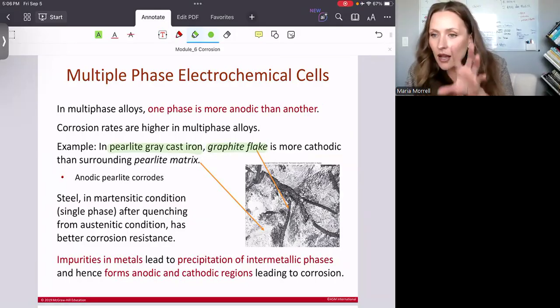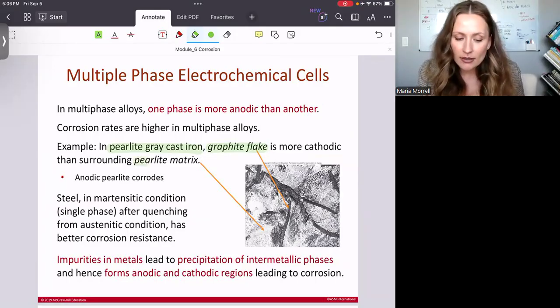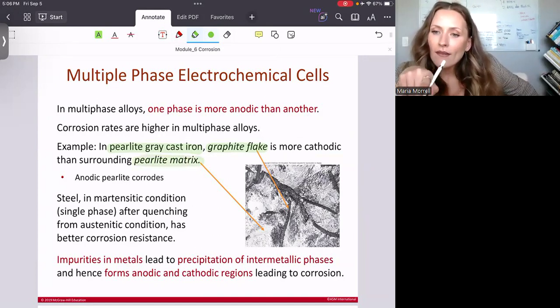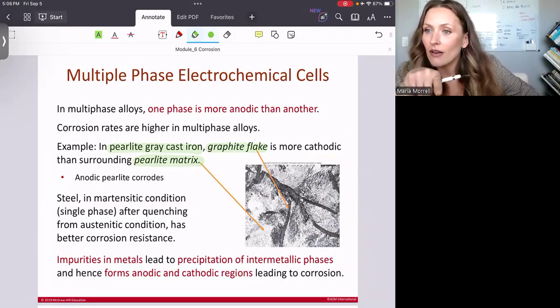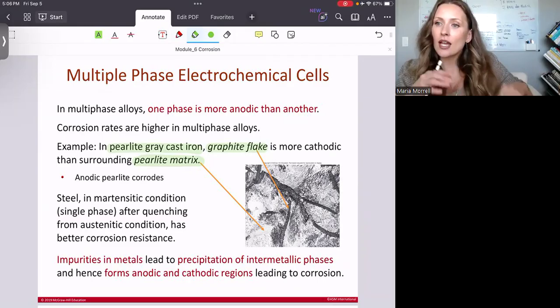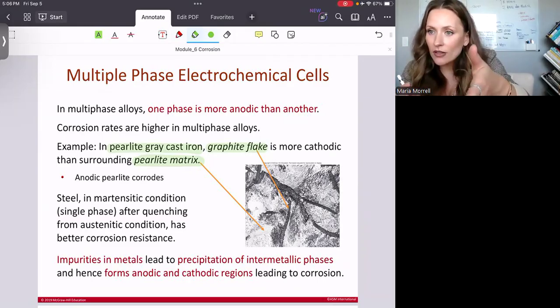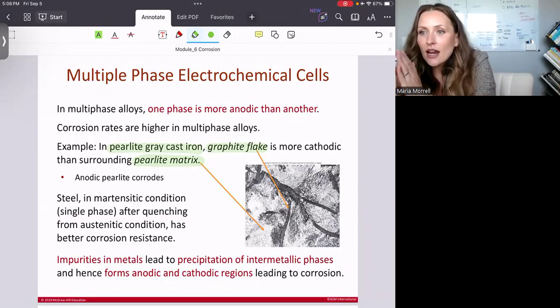And then outside, it has the pearlite matrix, right? And whenever you have something like that, that is another concern for corrosion because you have an electrochemical cell, a galvanic cell, and the reason it is created is because you have a certain phase that is more cathodic, such as graphite flake, adjacent directly to your pearlite matrix, which is anodic.